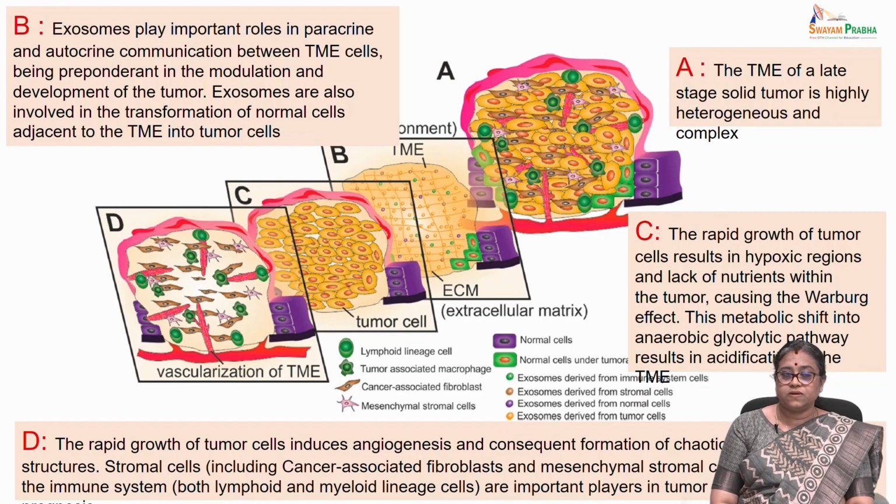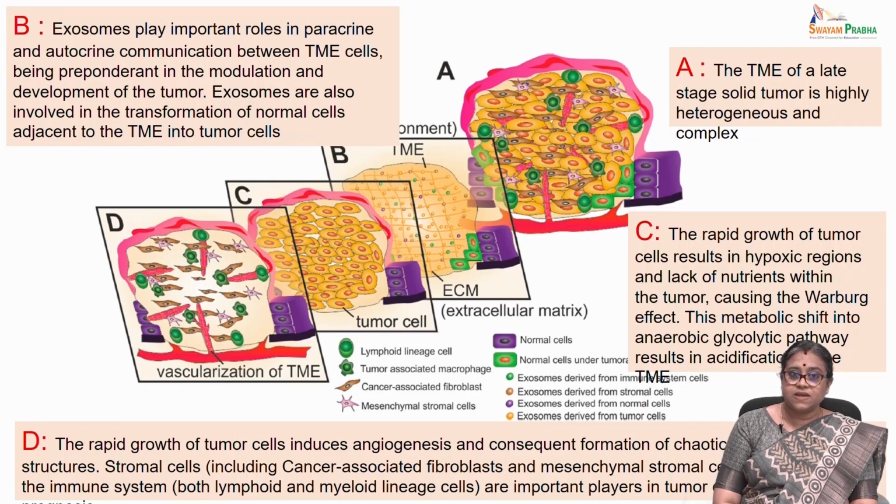Now, coming to cartoon B, within the tumor microenvironment, you also have exosomes. These exosomes play an important role in paracrine and autocrine communication between the tumor microenvironment cells, and they are preponderant in modulation and development of the tumor. The exosomes are also involved in transformation of the normal cells adjacent to the tumor microenvironment into tumor cells.